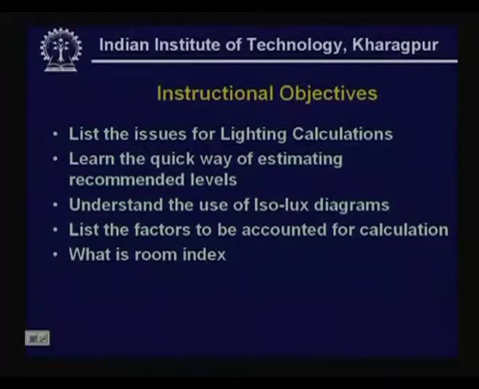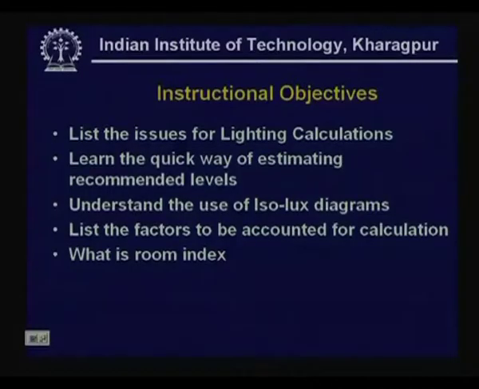What is room index? If you consider interior lighting, we talk in terms of what we call room index. We have said that in no application does a single lamp or single light system do the required function, and therefore there could be an array of lamps.